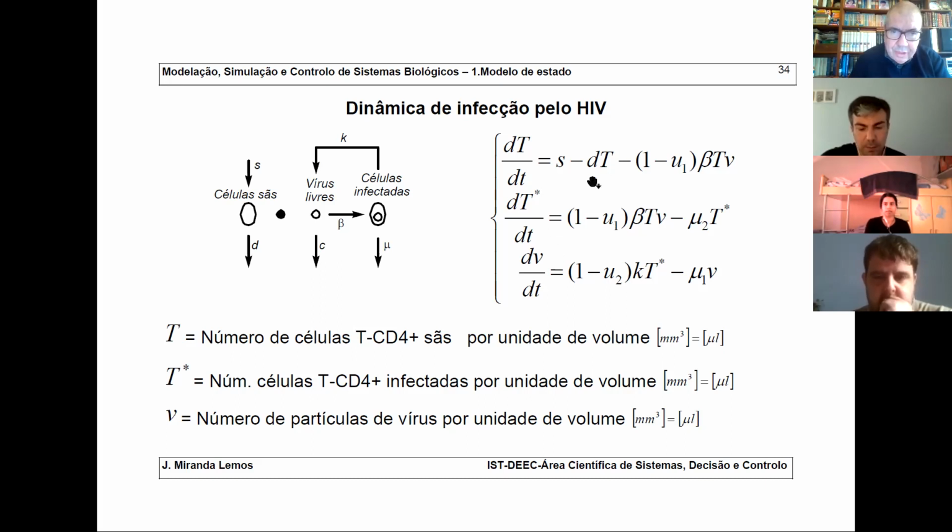The inputs are U1 and U2. They are time functions. Usually it's a doctor that tells you, well, take this pill every day, for instance. So it's a time function. And then you have T, T star, and V.